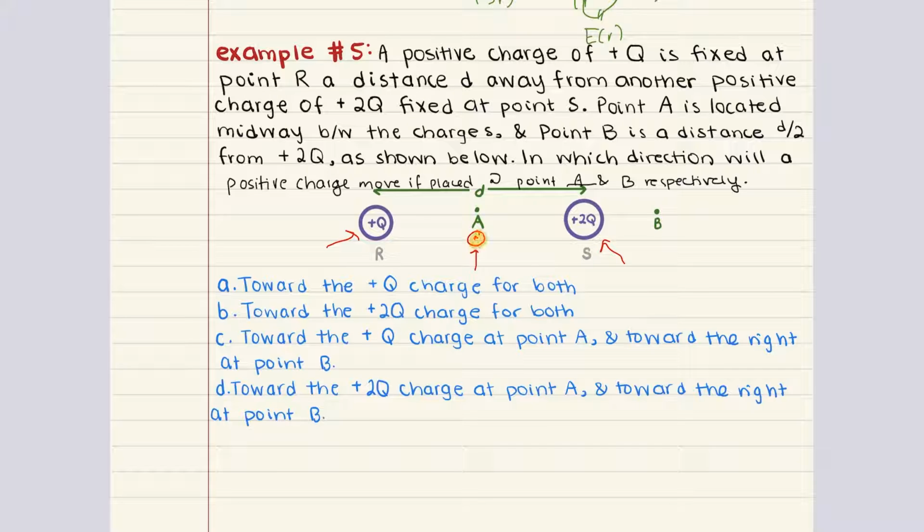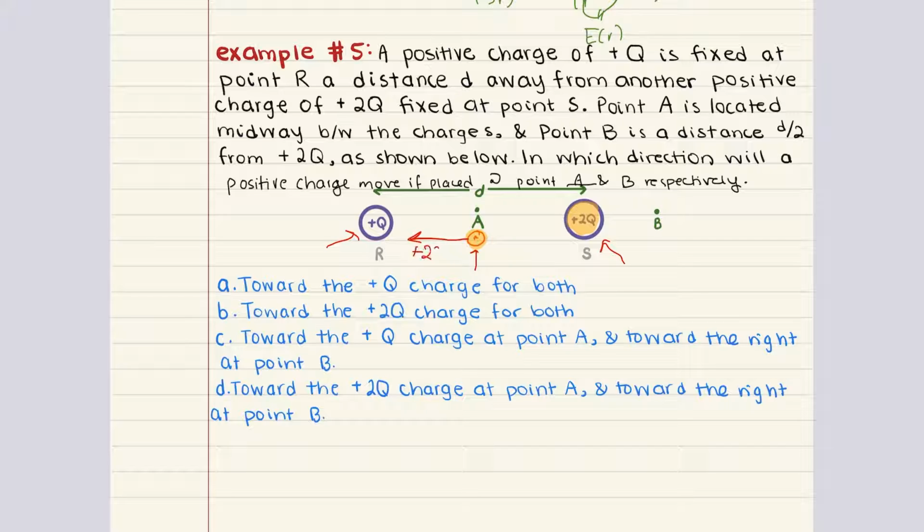At point A, this positive charge is going to experience a force due to plus 2Q. Since it's repelling, it's going to be a force to the left away from plus 2Q. So the positive charge will experience a force to the left due to the plus 2Q.